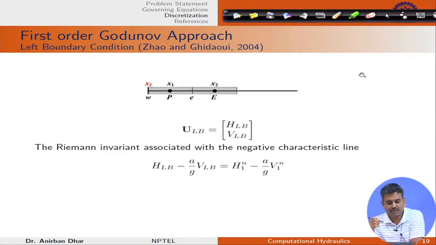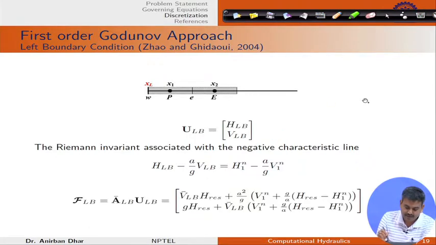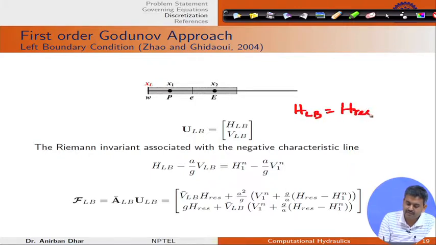So, the Riemann invariant associated with the negative characteristics line. If we consider the negative characteristics line for the left boundary value, in that case this is VLB, and next phase we have H res. What is this H res? In this case, let us say that at the starting left boundary I have specified a reservoir head available, H res.